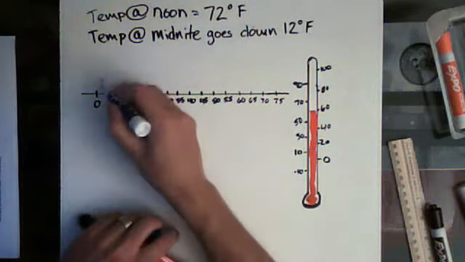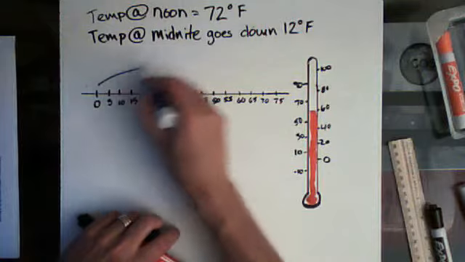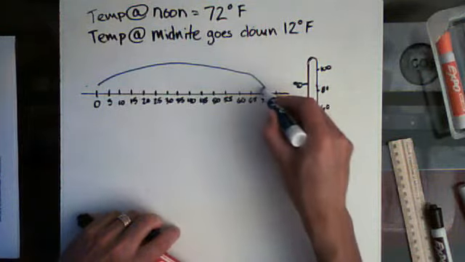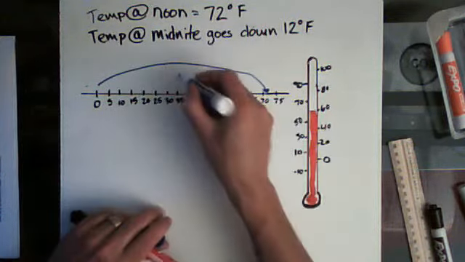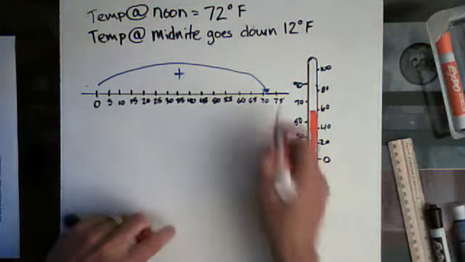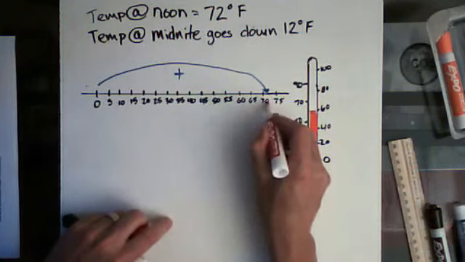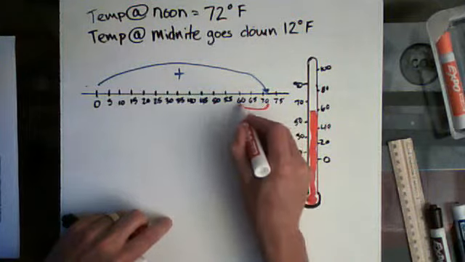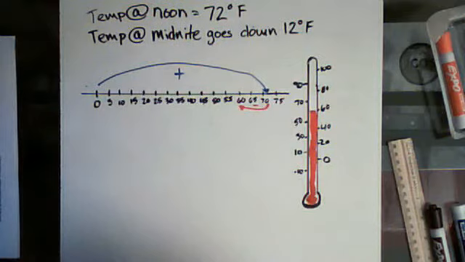Suppose we've started at 0 and the temperature is up to 72 degrees right about there in the plus direction, and then it goes down 12 degrees to right about there.